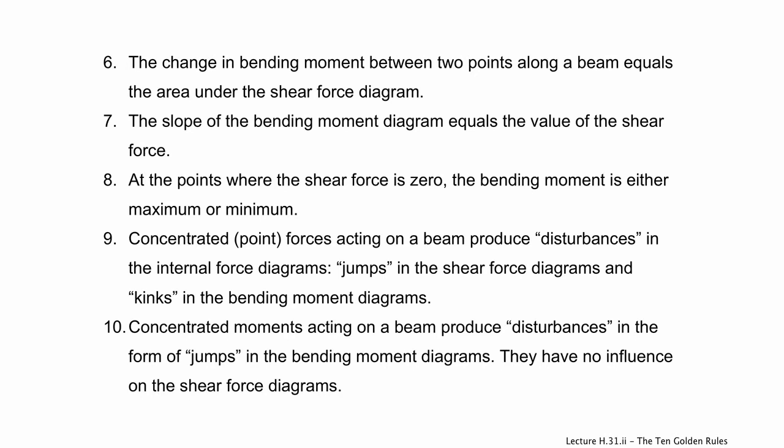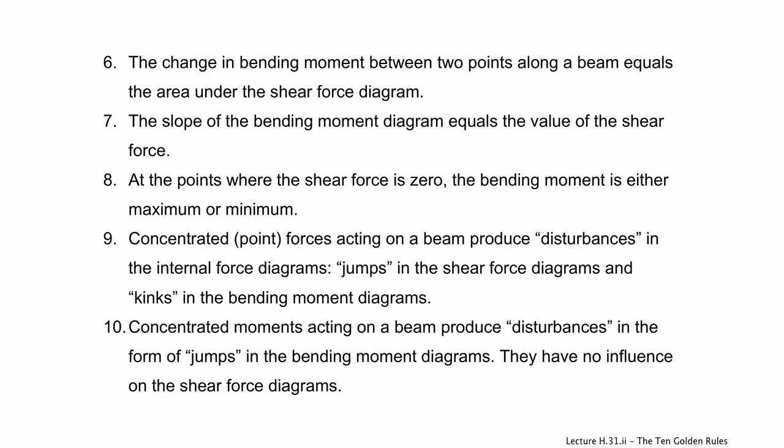And then obviously you would need to figure out how the bending moment diagram would look. And rule number 7 is very helpful to us in determining the slope of the bending moment diagram, which equals the value of the shear force. Now, also from the rules of the derivatives, wherever the shear force is zero, intersecting the zero axis, the bending moment will be either a maximum or a minimum.